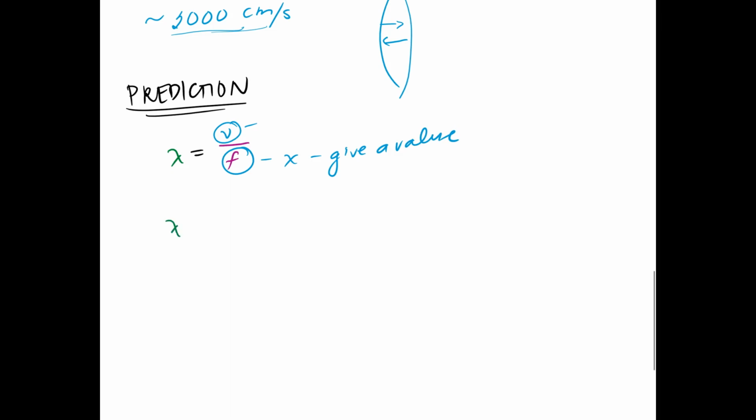So we have our wavelength. We predict our wavelength to be at, so if our velocity was 2,000 centimeters per second, and we wanted a frequency of 4 hertz, then what would happen is we would expect our wavelength to be at a number that is 2,000 divided by 4, which is 500 centimeters.